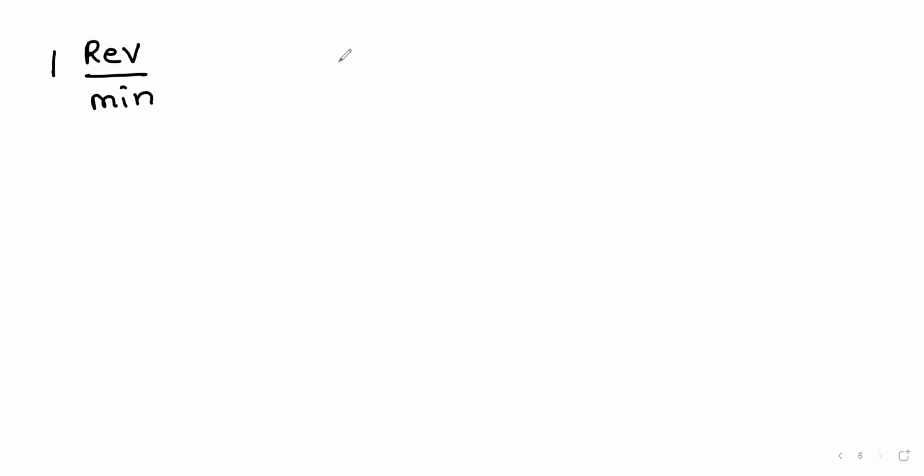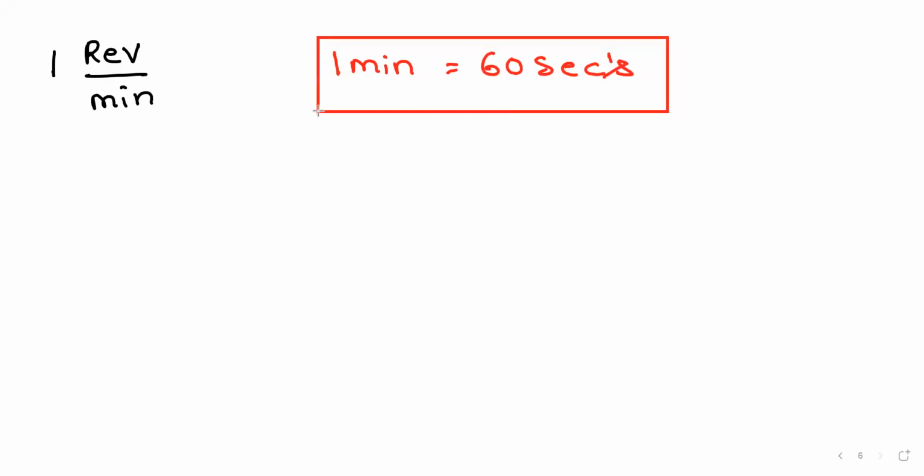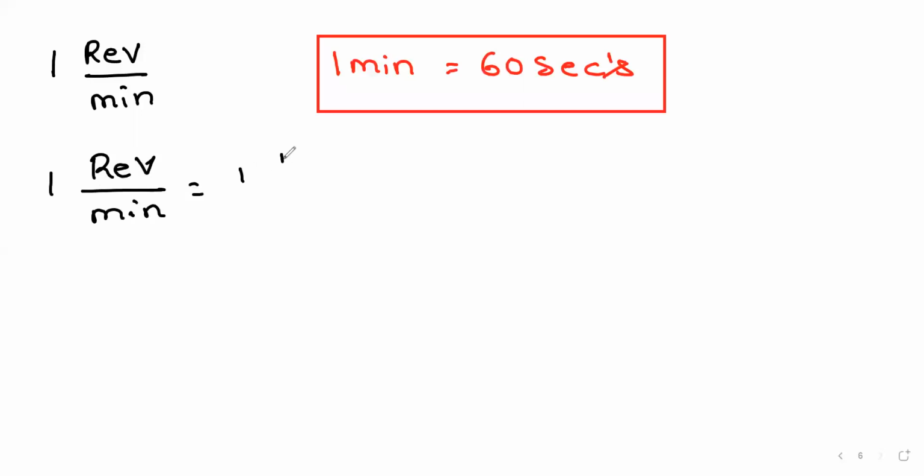Guys, what is 1 minute? 1 minute is how many seconds? 60 seconds. Okay, fine. So in place of 1 revolution per minute, you have to write 1 minute as 60 seconds.